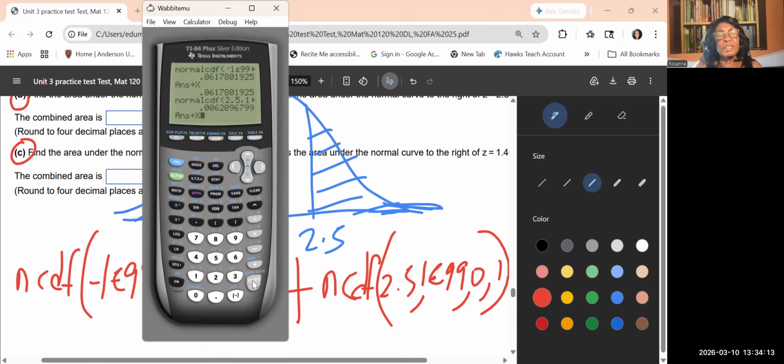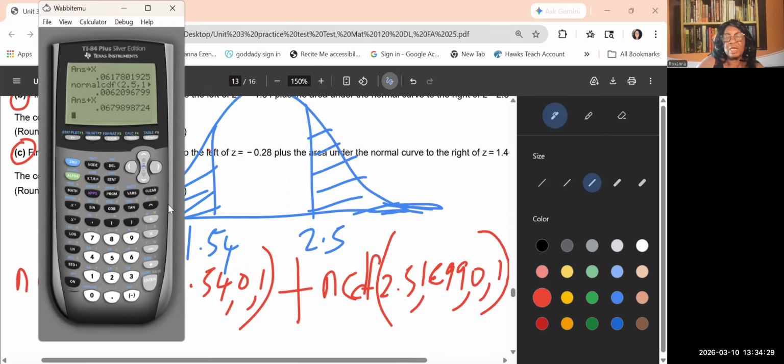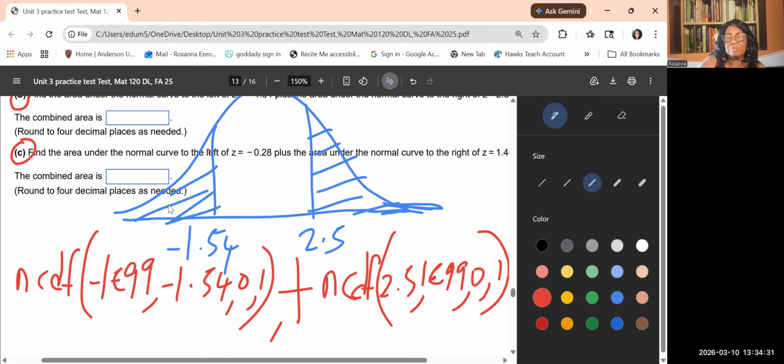I hit enter. Therefore, the total area on the left and on the right is 0.068. So total area is 0.068.